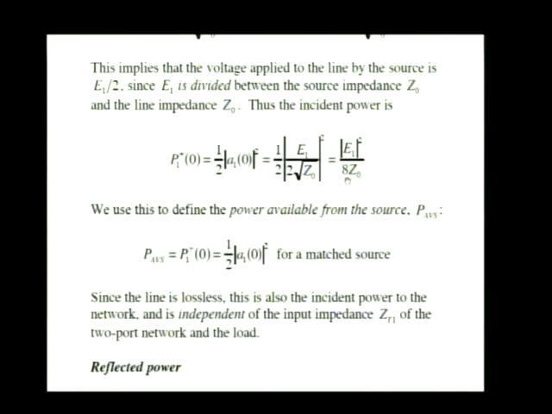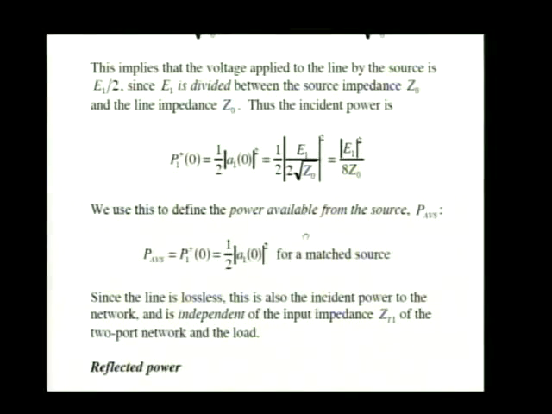Remember, the factor of 8 comes from the fact that we have the 1/2 due to time average power, just like you always have 1/2 of V I conjugate and so on when you're dealing with average power in terms of peak phasors. But we get this extra factor of 2 because the source has an internal impedance of Z0 and the line has an impedance of Z0, so for the power that actually makes it onto the line, you have to use the voltage from the source divided by a voltage division factor of Z0 over Z0 plus Z0, or 1/2.